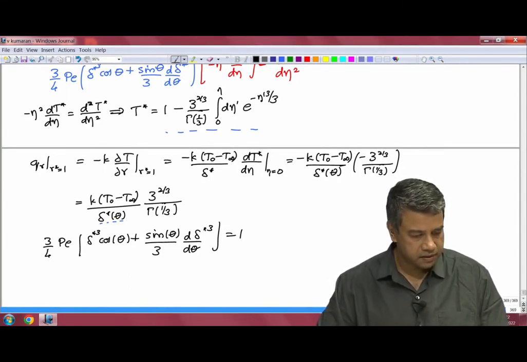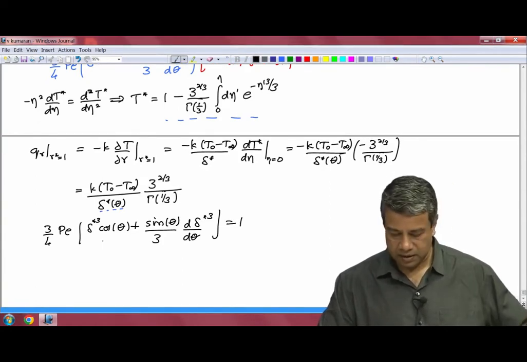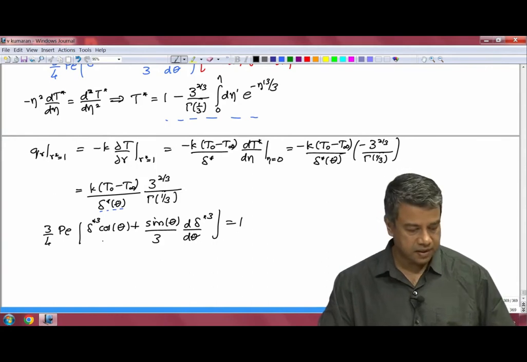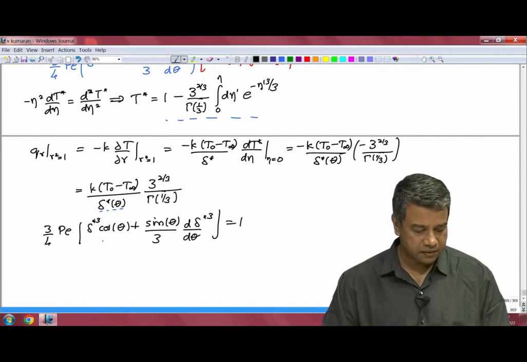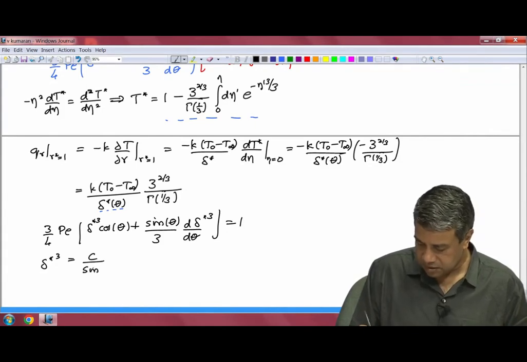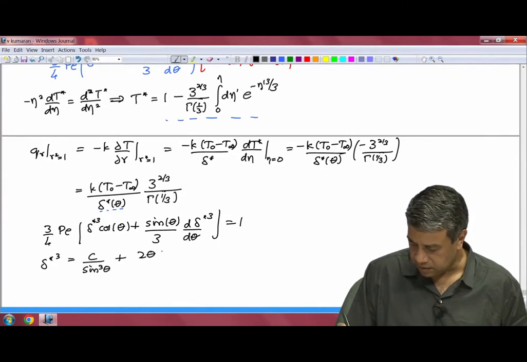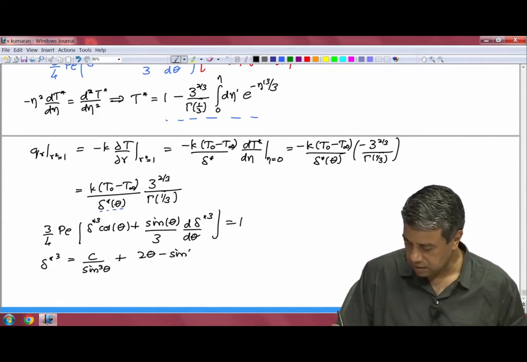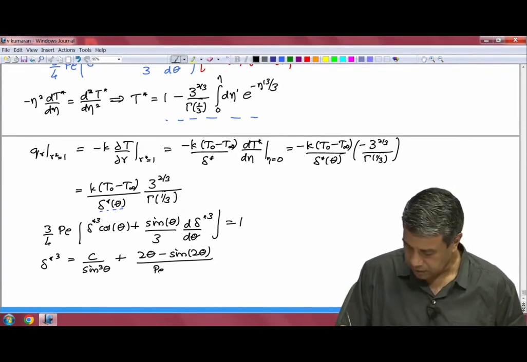So, that is the equation for the boundary layer thickness, and we had solved it, if you recall, using integrating factors to get delta cubed is equal to C by sin cube theta plus 2 theta minus sin of 2 theta by the Peclet number into sin cube theta.